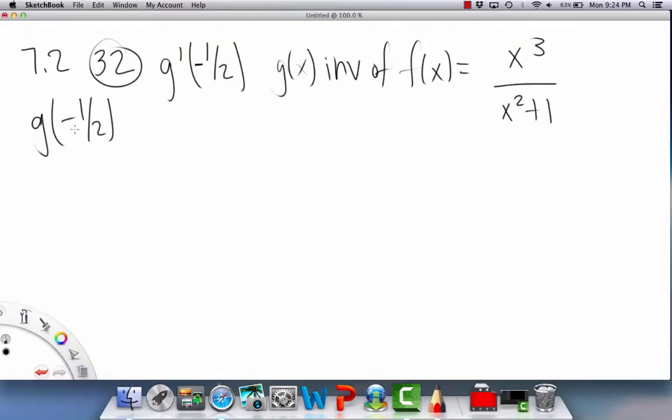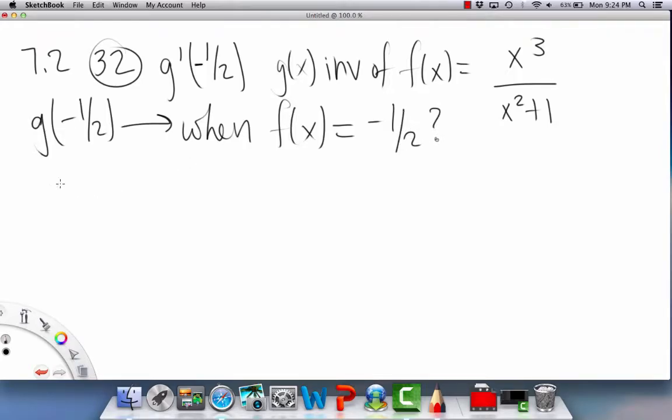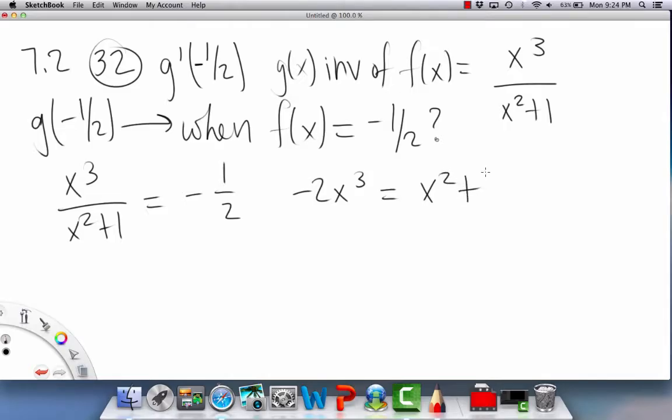So g of negative 1 half means: when does f of x equal negative 1 half? So x to the third over x squared plus 1 equals negative 1 half when, and we'll cross multiply here, we have negative 2x to the third equals x squared plus 1.